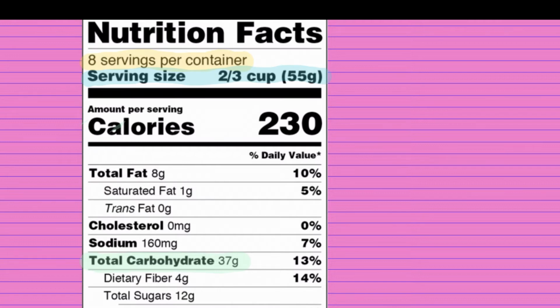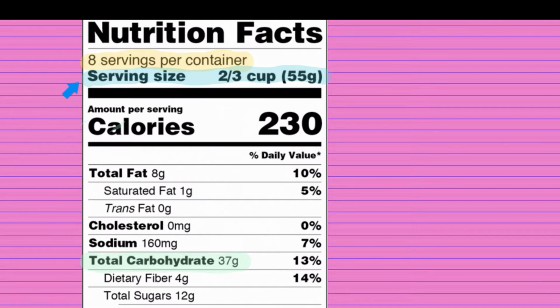So the carb count is, on this one, 37 grams per 1 serving. Anytime you're looking down here, all of the stuff down here, you can see it's amount per 1 serving. So that means total carbohydrates in 1 serving is 37 grams.